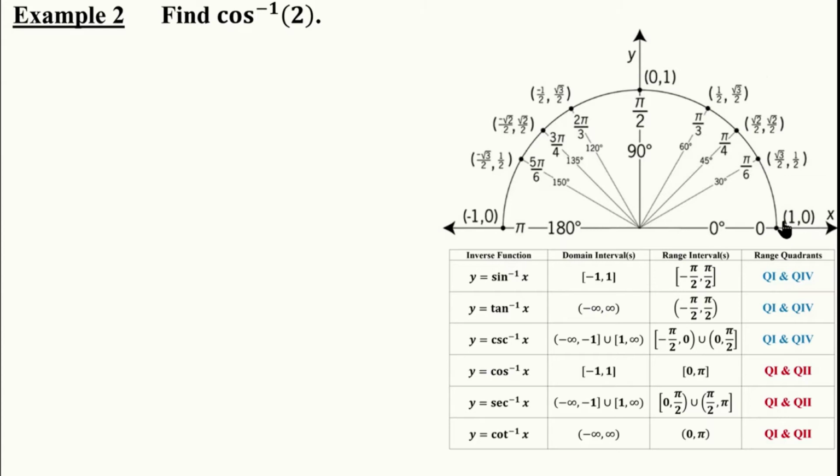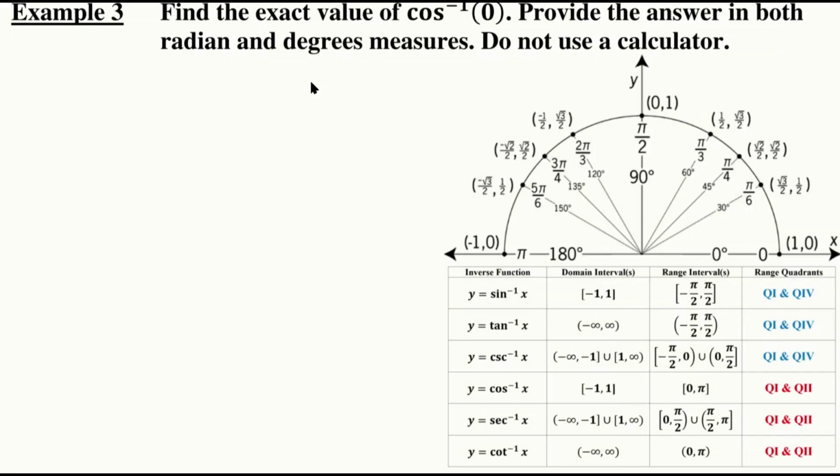Of course, we know that the maximum possible value for cosine of any angle is 1. So we know right away this one does not exist. So, no such real number or angle if we're looking at it in terms of degrees. All right, make sure you understand that it's subtle and important.